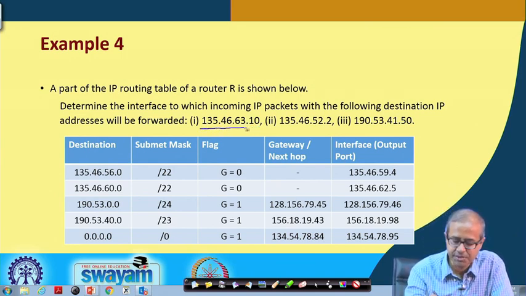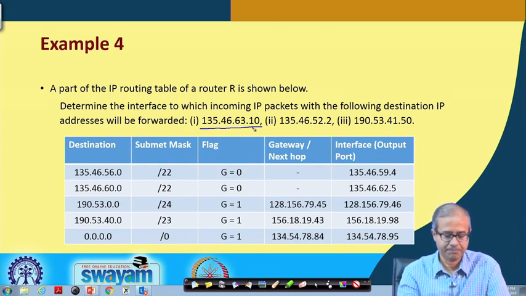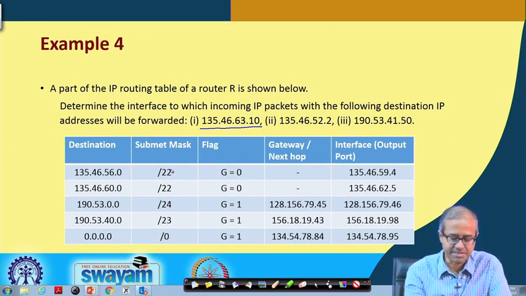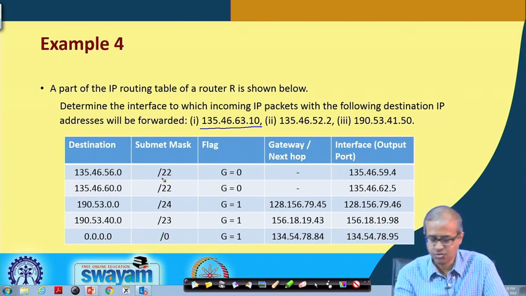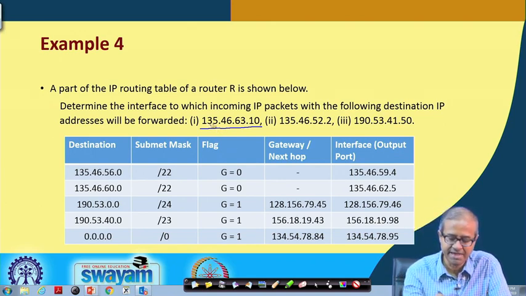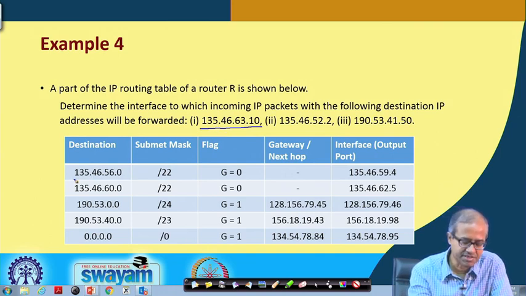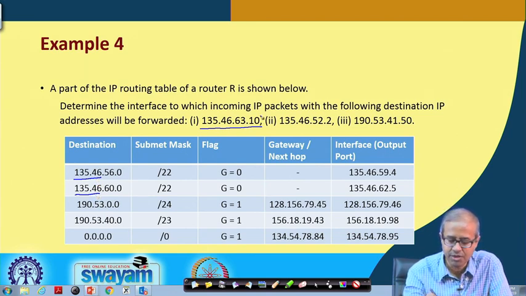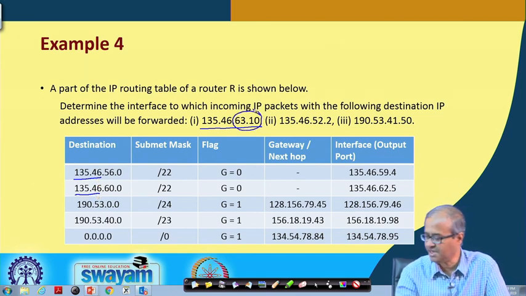So, let us see. For this particular address, what will happen? The subnet mask says how many bits to be considered. So, 135.46, 8 and 8, 16. I am not worried about the first two, because 135.46, I can see the first two entries already have. I only look at the last two, 63 and 10.